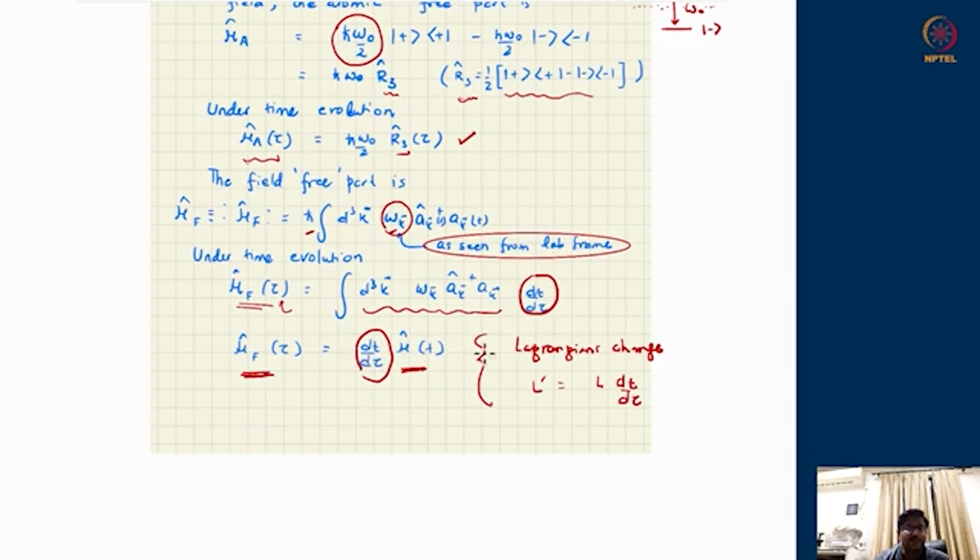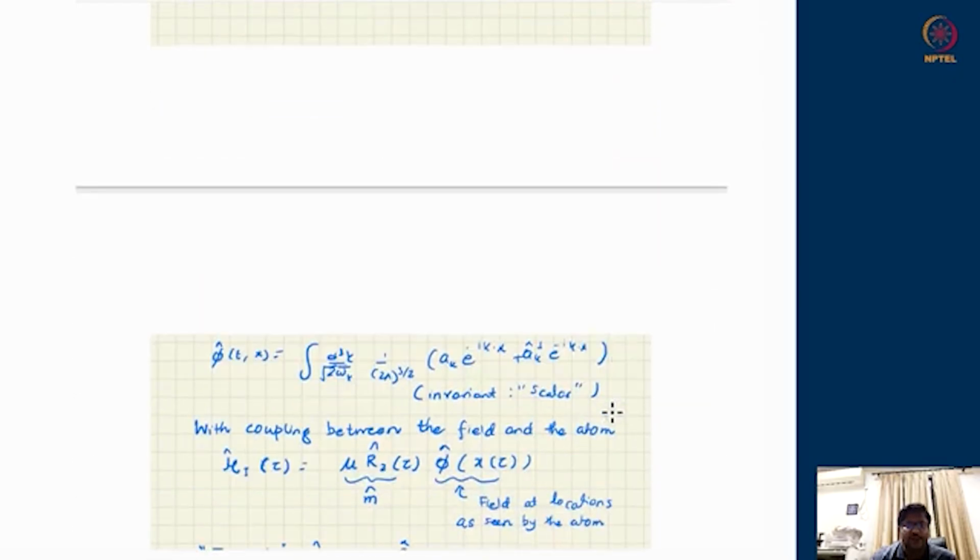How do I obtain that? Just approach this problem from the structure that the Lagrangian, since action has to remain preserved in any frame, has to transform with this relation under Lorentz transformation, and therefore the Hamiltonian derived from it will also inherit that relation, the dt upon d tau factor.